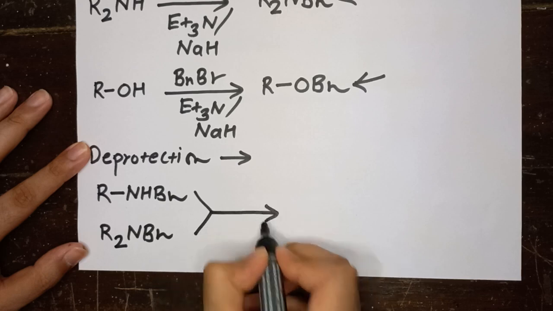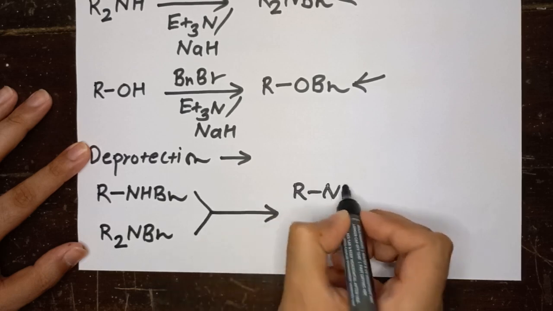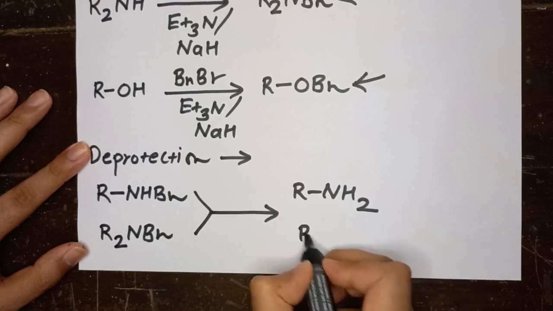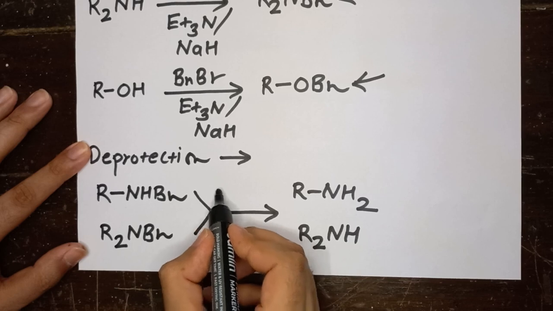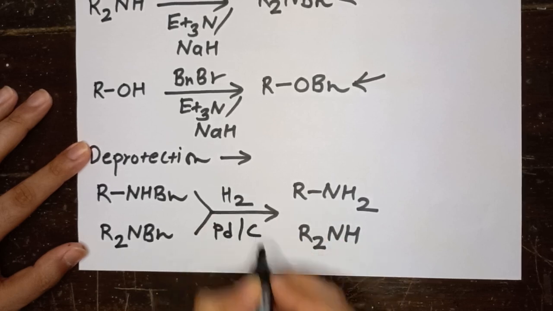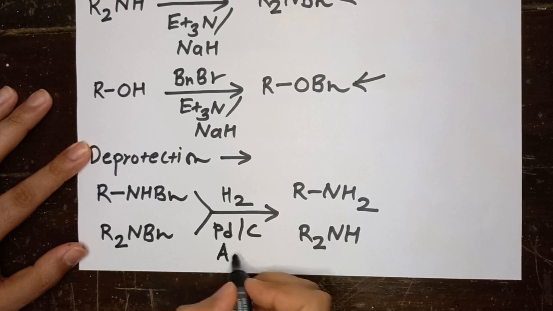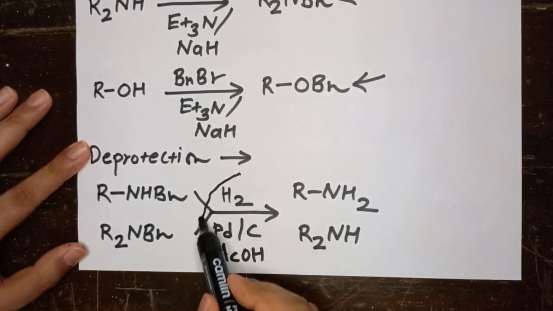Both can get deprotected and we will be able to get the corresponding 1 degree amine or 2 degree amine by using hydrogen gas, palladium supported on carbon, and we also need a little bit of acidic media. So to deprotect, you need to remember this reagent.